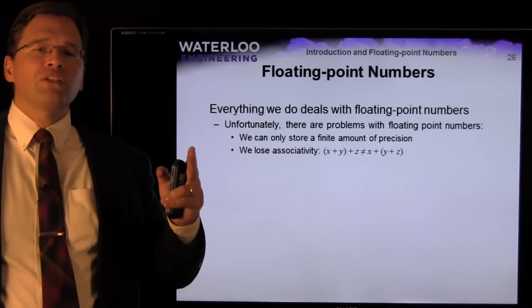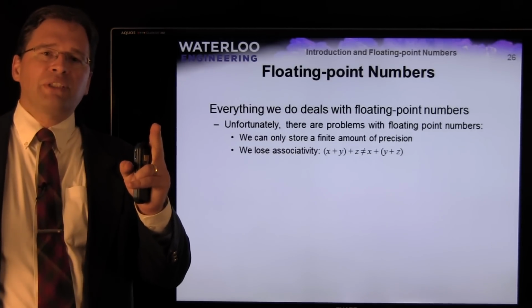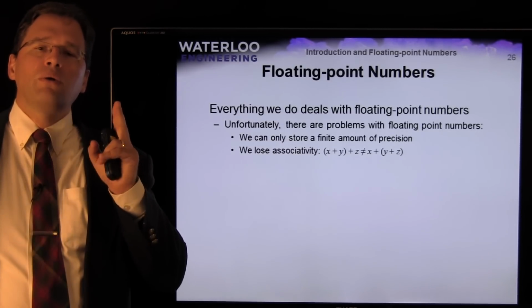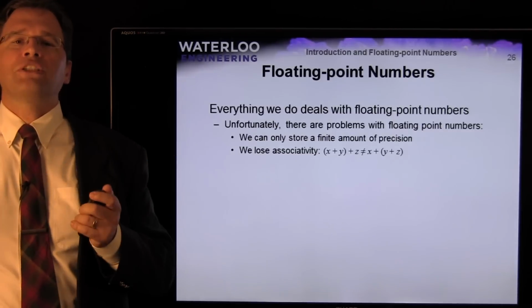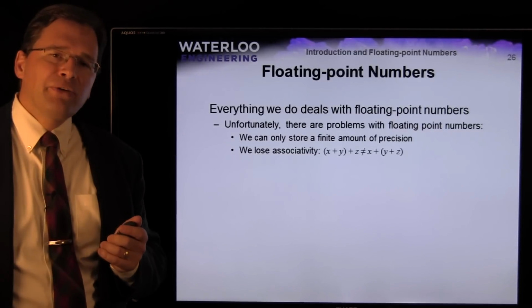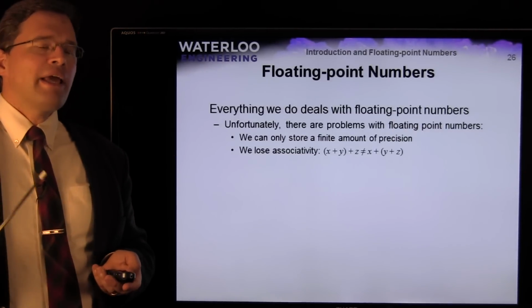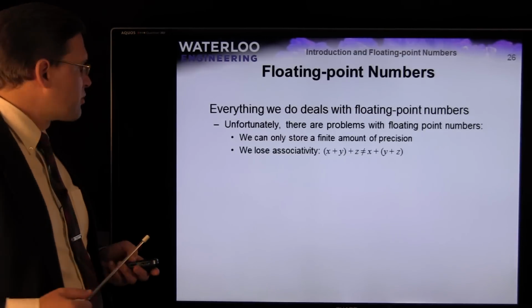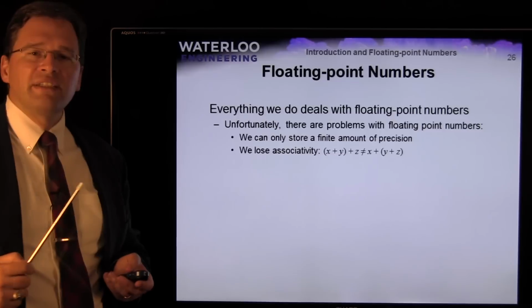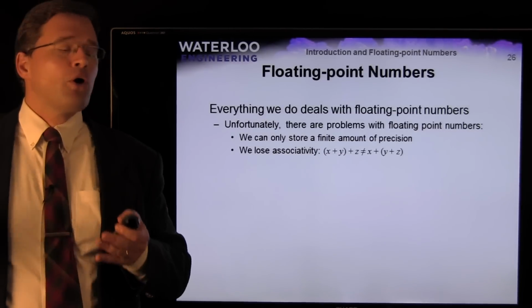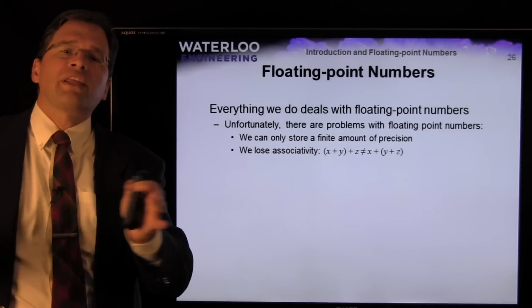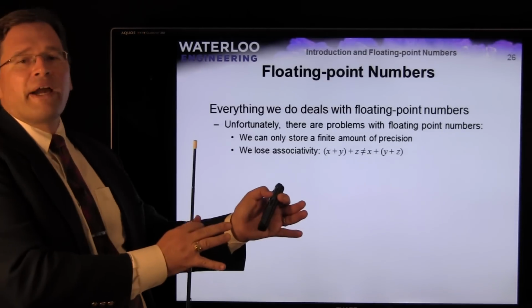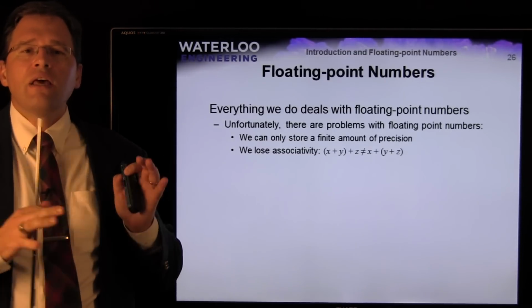If we only store a finite amount of precision on the computer, we have issues. We're no longer using exact values, we're using approximations. And we're iterating on approximations. And we very quickly lose certain characteristics. We even lose associativity. Normally you think, oh, x plus y plus z, it doesn't really matter if you add x and y first and then add z, or add y and z first and then add x.